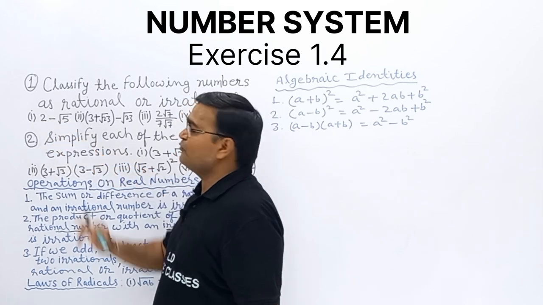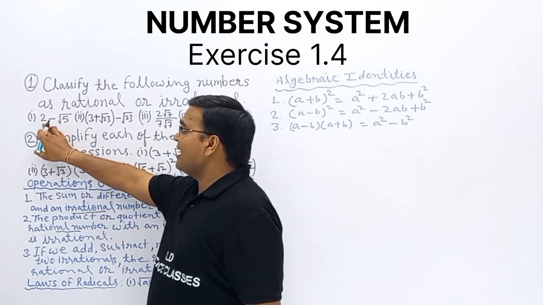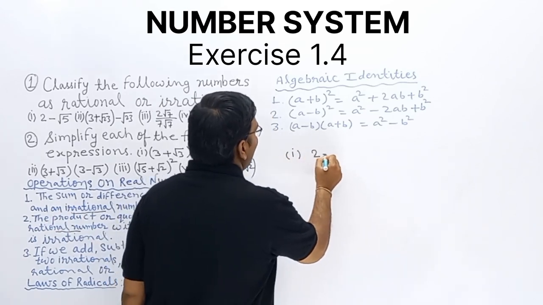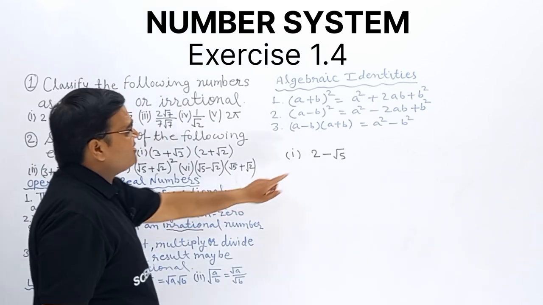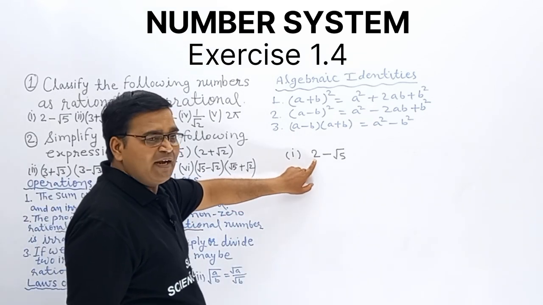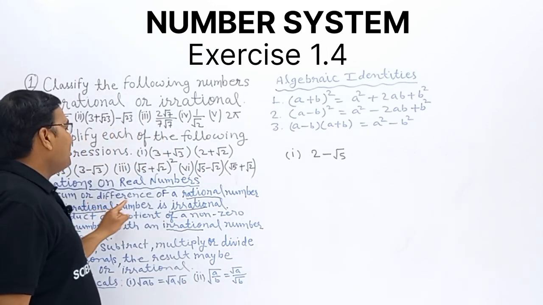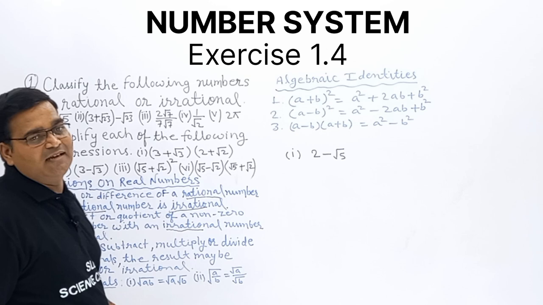The first one is 2 minus root 5. We are subtracting. We are subtracting an irrational from a rational. The difference of a rational and an irrational number is irrational.